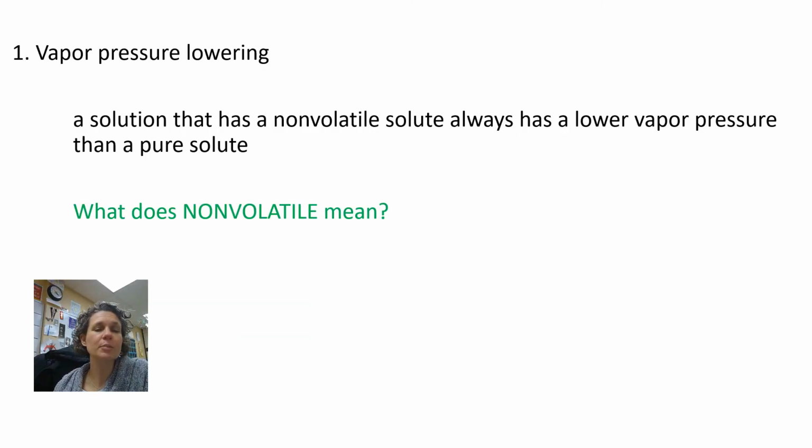Okay, so first off, vapor pressure lowering. A solution that has a non-volatile solute always has lower vapor pressure than a pure solvent. Non-volatile means that it won't evaporate.